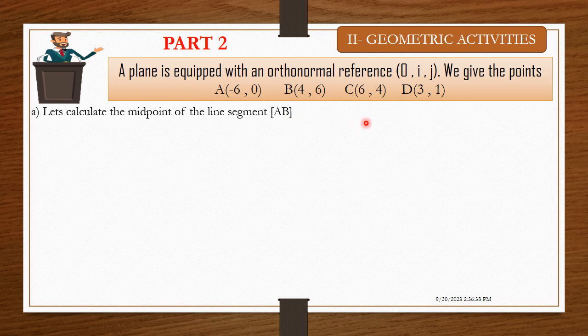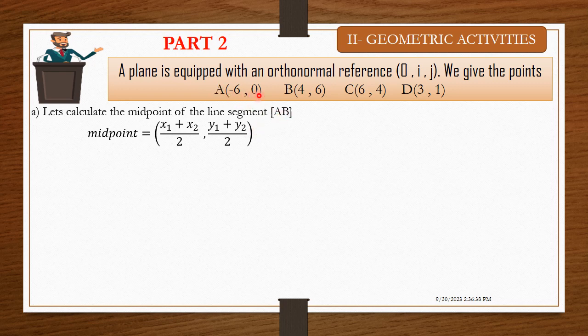Alright, we'll proceed. How do we find the midpoint of a line segment? The midpoint of a line segment is given by the formula displayed on your screen right now: x1 plus x2 on 2, then y1 plus y2 on 2. So now we are talking about the midpoint of the line segment AB.